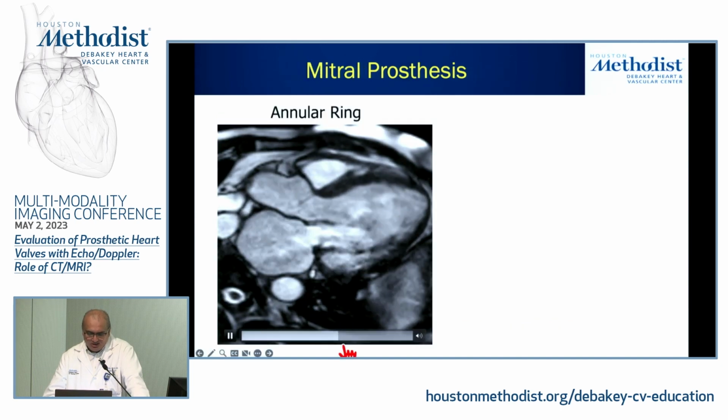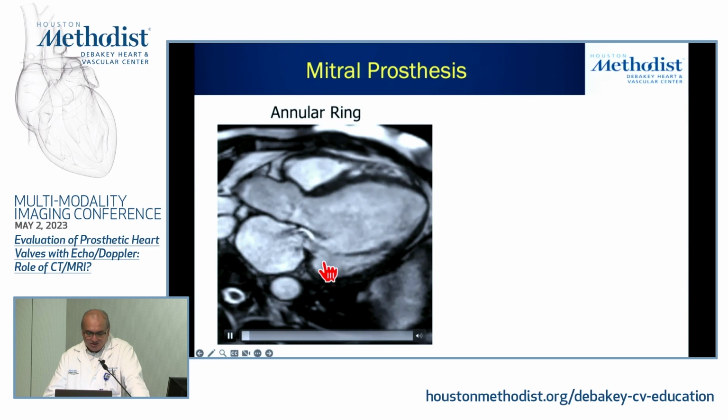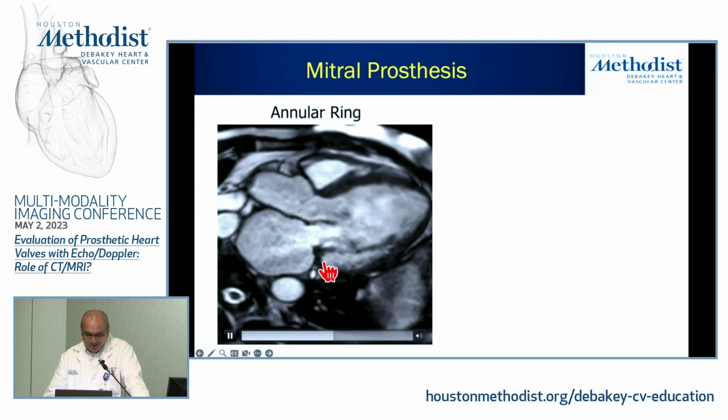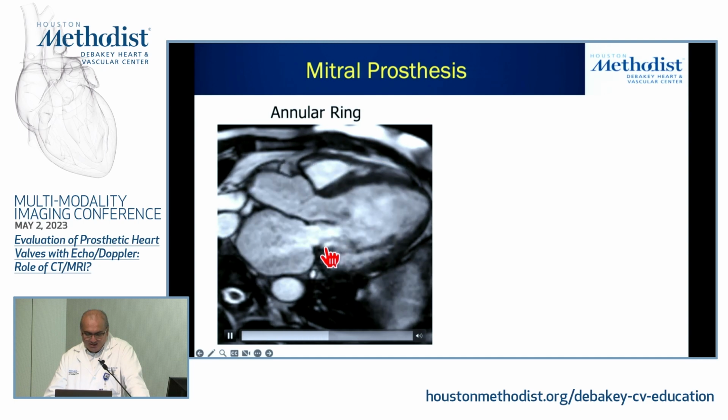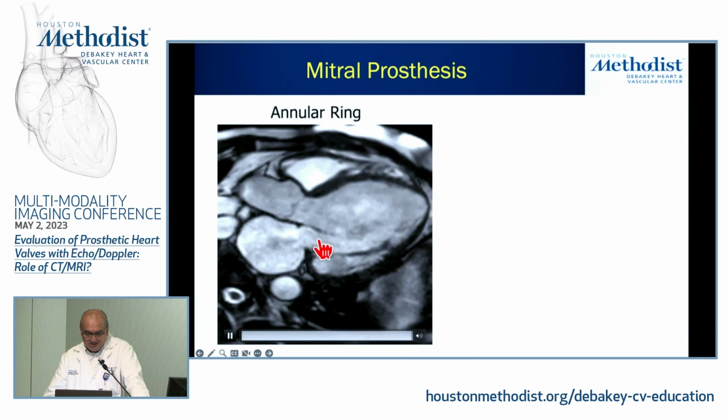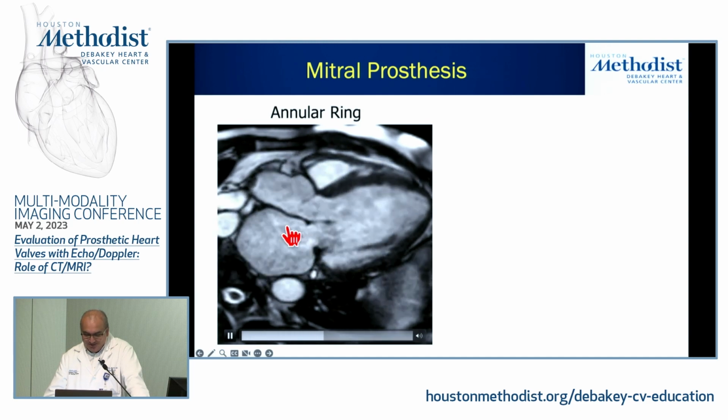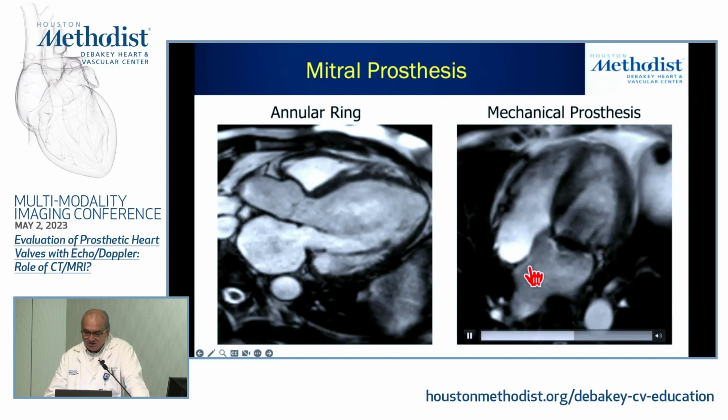Now, let's look at the mitral valve, and here's an example of a patient who's got a mitral annular ring, and you'll notice there's a very eccentric jet here that we see during systole, resulting in kind of an antegrade jet. Here's another example.